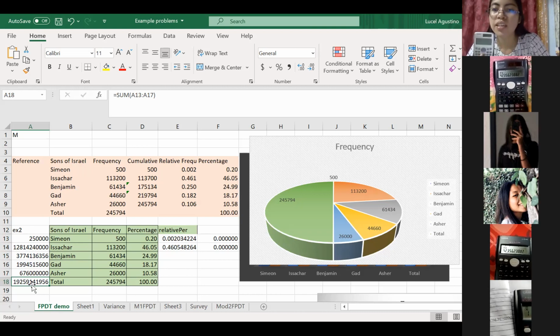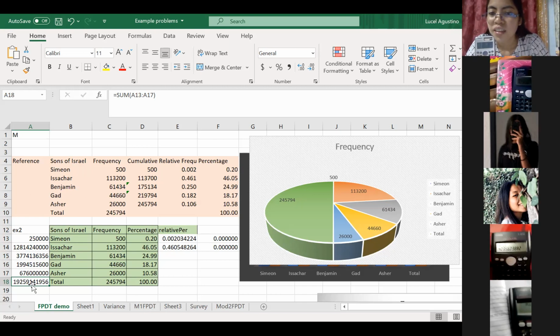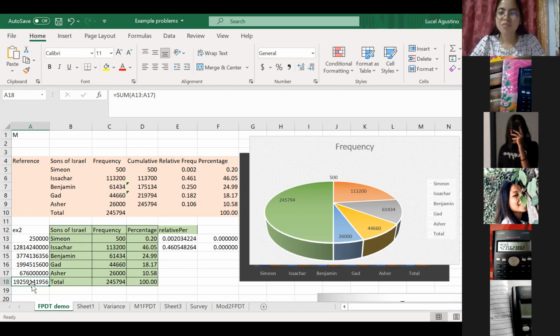X squared above. Just proceed, go straight to x squared. The answer is 42, which is the variance.